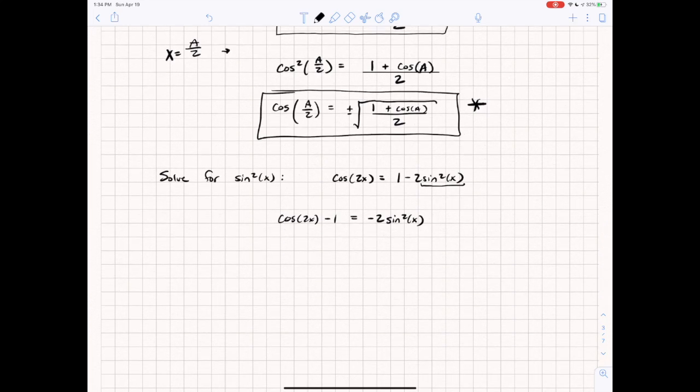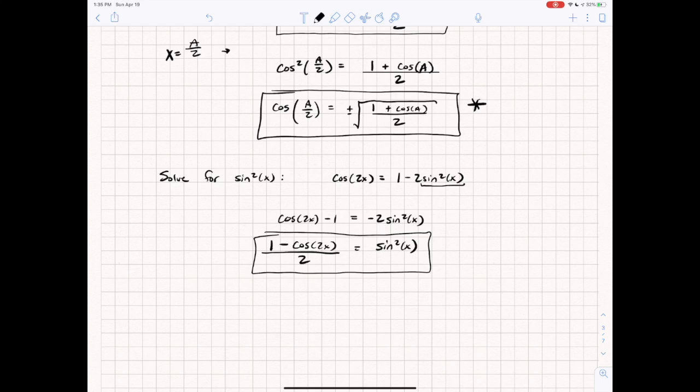Because I'm dividing by negative 2, that division by a negative is going to change the signs over here on this left-hand side. So instead of being cosine minus 1, it's now going to be 1 minus cosine. So I'm going to go ahead and write that like so, divided by 2. And this is going to be equal to sine squared. All right, now, just like last time, this right here is a really important formula. This is the power reducing for sine.